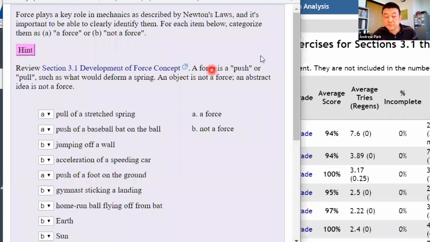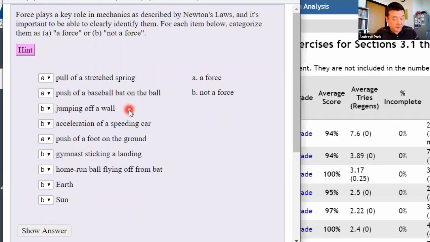A force is a push or pull, something that is going to result in acceleration and all that. But where you start out is that a force is a push or pull. So when you talk about someone jumping off of a wall, well, it does involve a force. Someone's pushing a wall. So if I talked about pushing against the wall, that would have been a force.